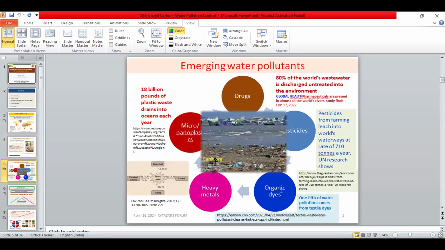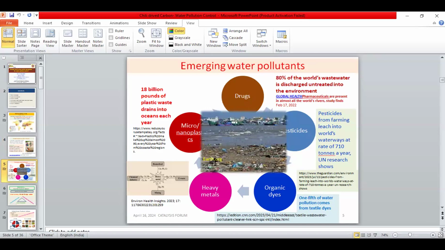When you talk about emerging water pollutants, there are many coming from industry, agriculture, and so many other fields. We start with the drugs. The pharmaceutical industry is the main area from which, according to a recent Global Health report from 2022, 80% of world wastewater is discharged into water resources.